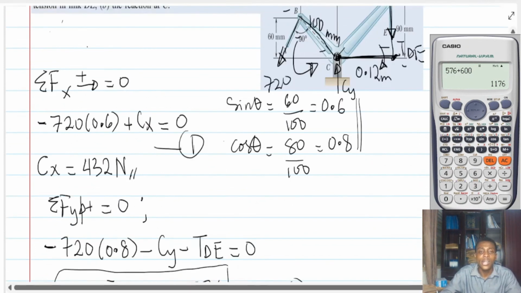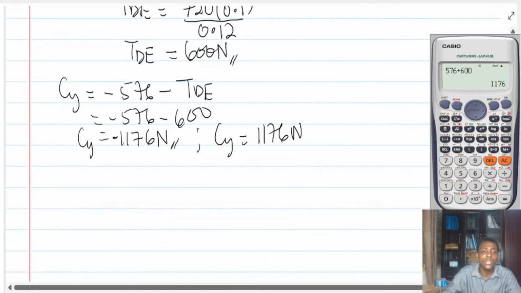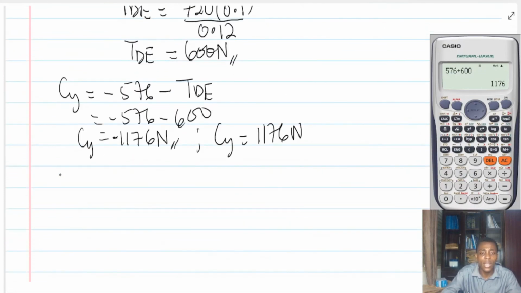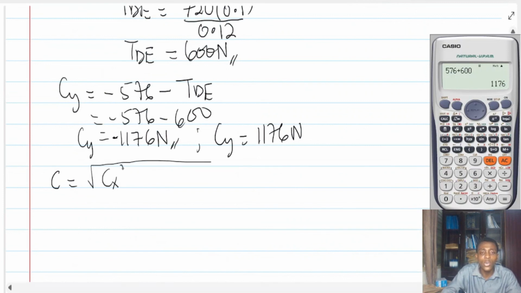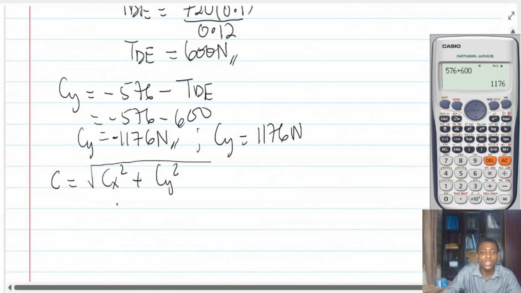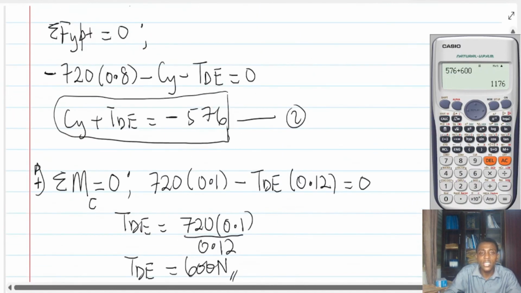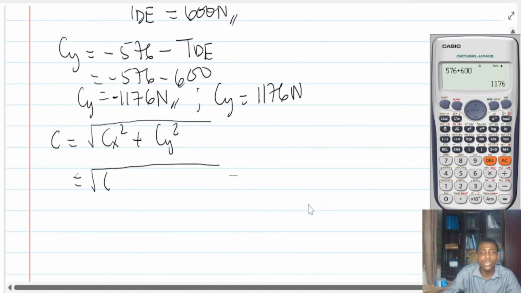All right. Sometimes you'll be asked to find the magnitude of C when you have CX and CY. And that is going to be the square root of CX squared plus CY squared. CX is 432.